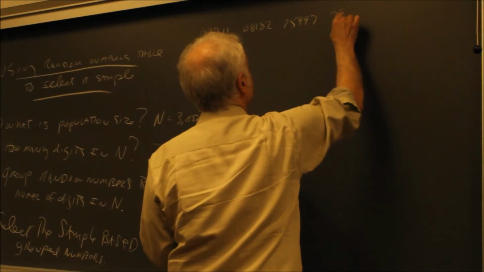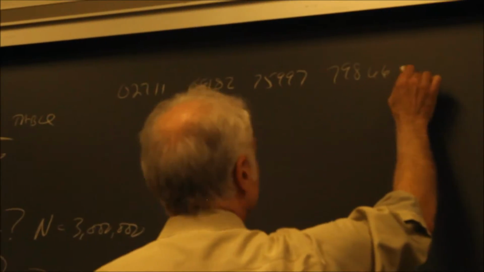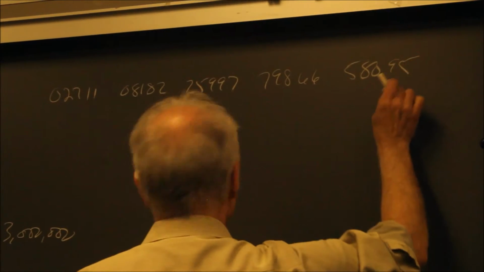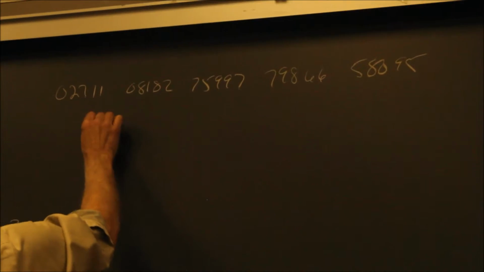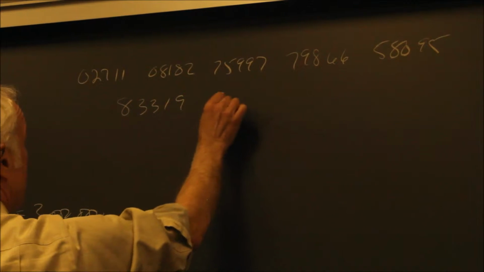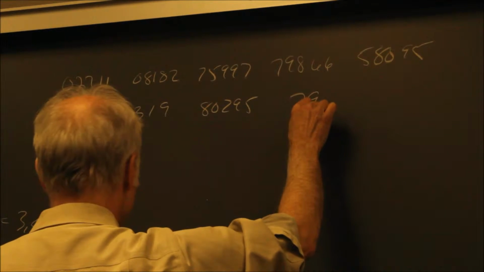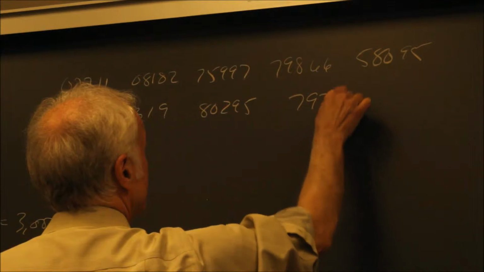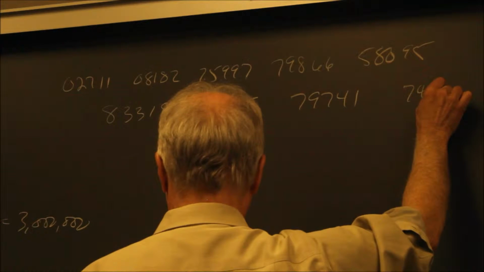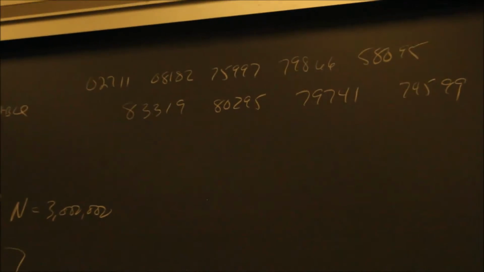Then we have 79866, and we have 58095, and then we have 83319, 80295, 79741. I'm just going to put one more up here. 74599. Let's see how many observations we can get here from this population.